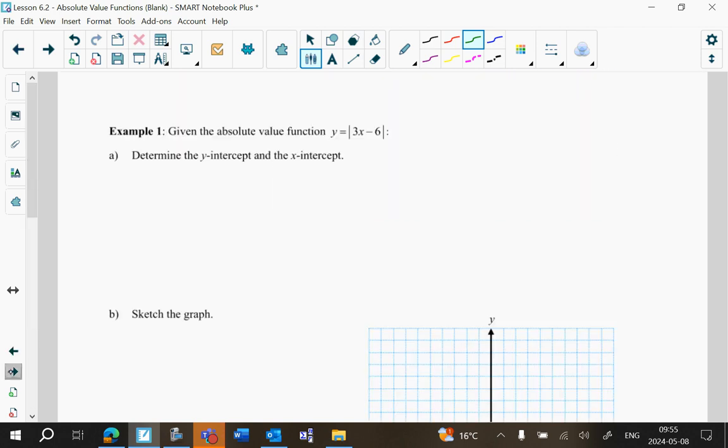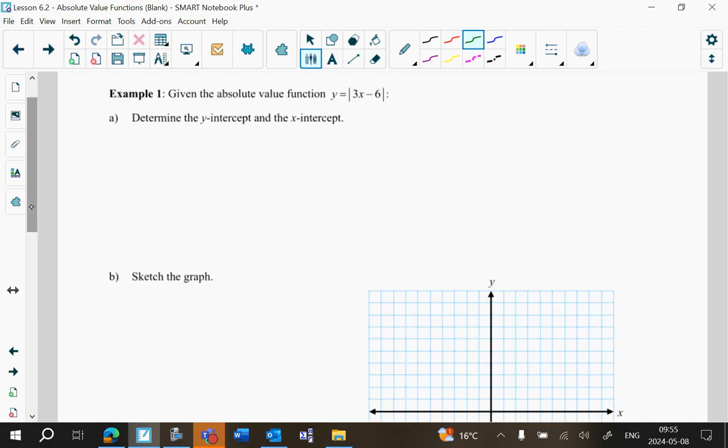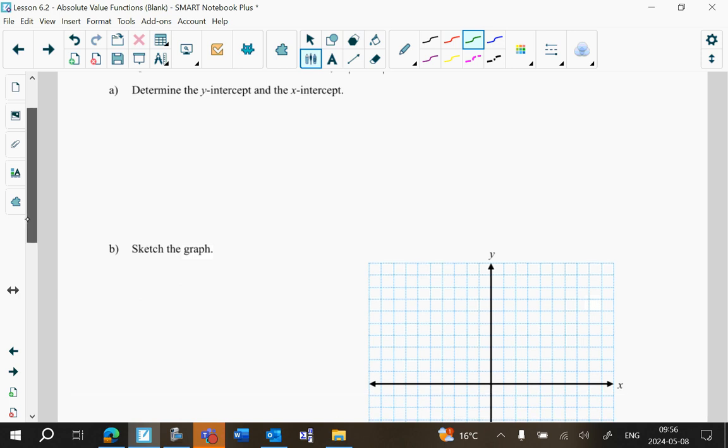So let's look at another example. And I'm actually going to go to B first before I go to A. So what I want to do is sketch it without the absolute value bars first, and then put the absolute value bars in to finish it.